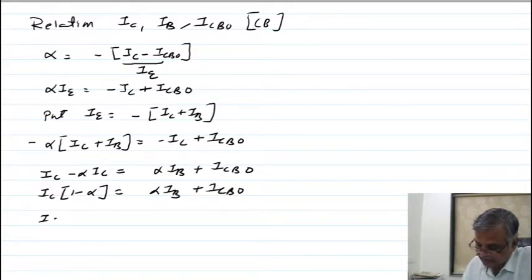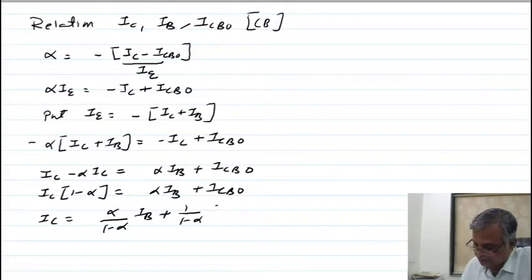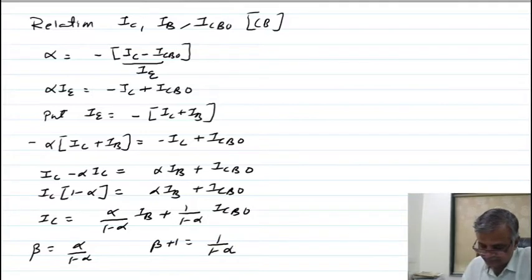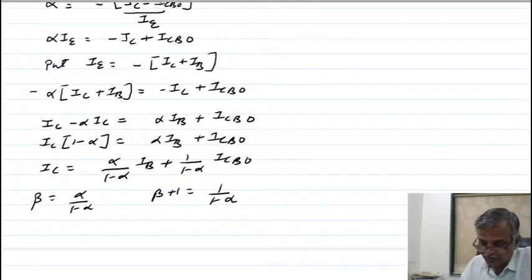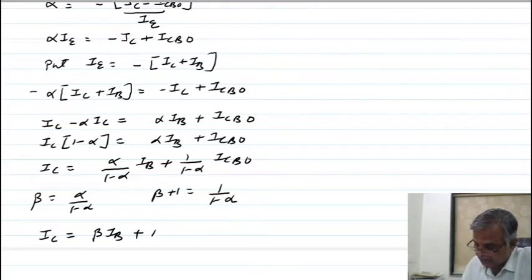So I can write IC is equal to alpha upon 1 minus alpha into IB plus 1 upon 1 minus alpha into ICBO. We know that beta is equal to alpha upon 1 minus alpha, and beta plus 1 is equal to 1 upon 1 minus alpha. You know this equation; you already studied it in the 12th standard. So IC is equal to beta IB plus (beta plus 1) ICBO.